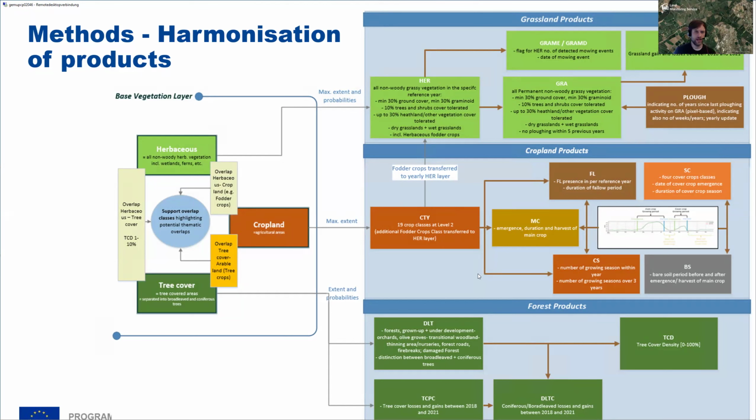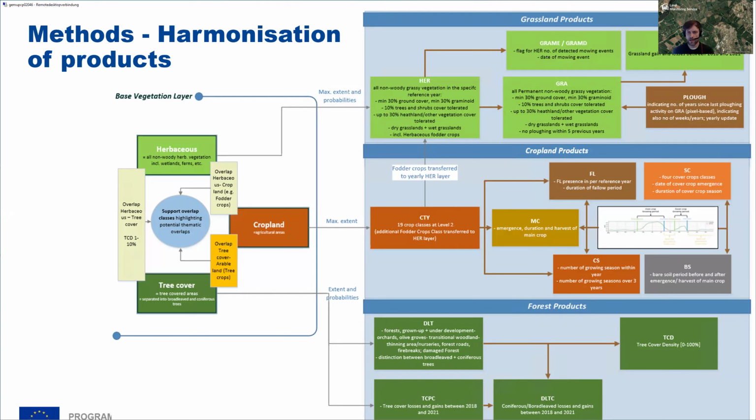So this base vegetation layer, this internal product consisting of classes for herbaceous, cropland, tree cover, and the overlap classes, is given into the production pipeline for the grassland products, where the maximum extent and the probabilities that are produced during this first initial delineation are used to produce the herbaceous layer, the grassland layers and the change products.